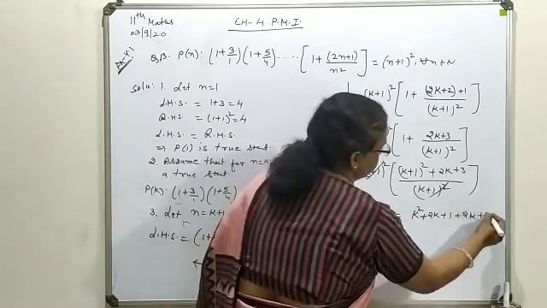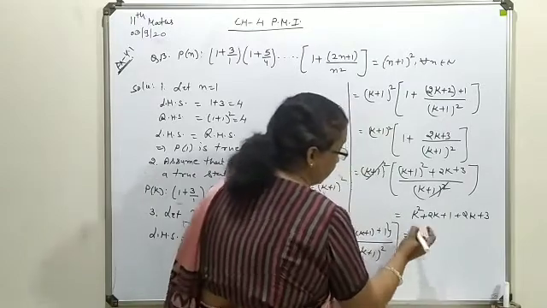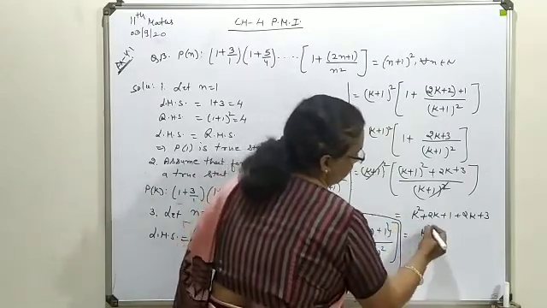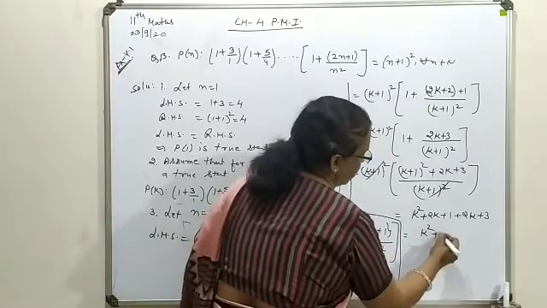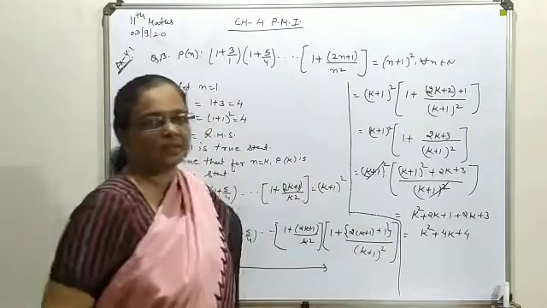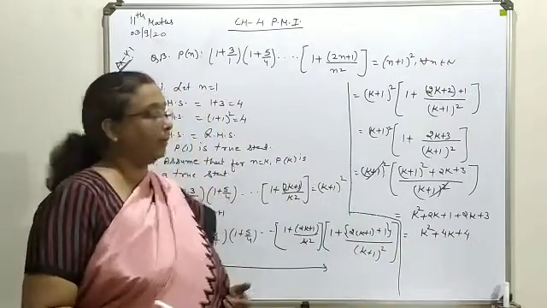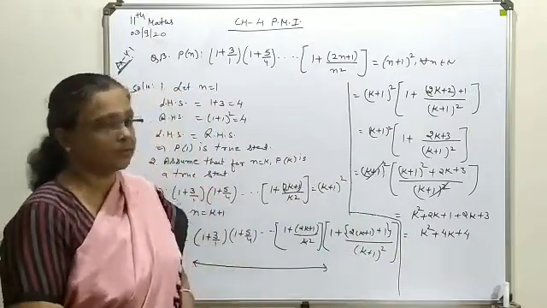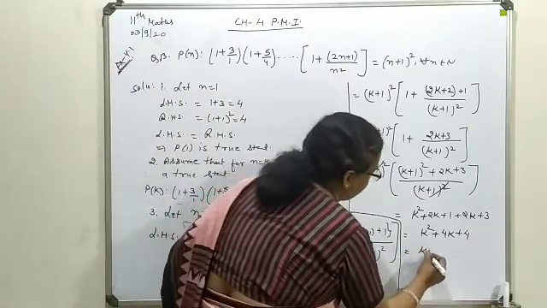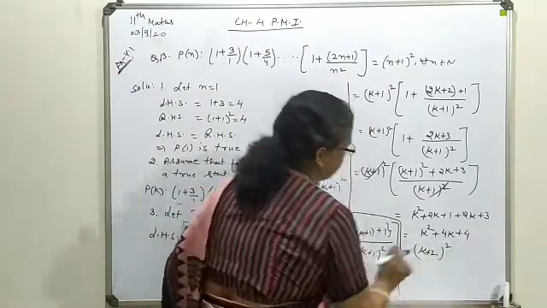Further we are having 2k plus 3. So what are we going to combine here? k square, 2k combined means this is 4k, and plus 4. This is a perfect square we have generated for k plus 2. So this we can write as (k plus 2) whole square.